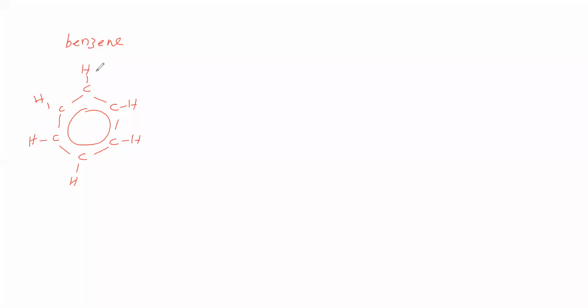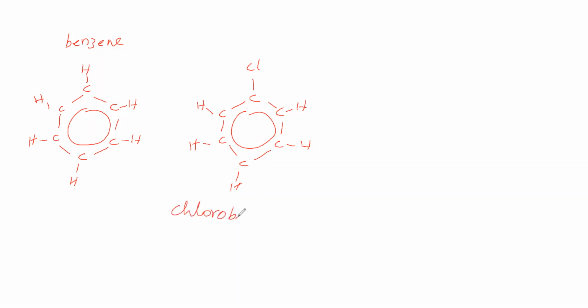Now let us replace one hydrogen by chlorine. Sir, one hydrogen is replaced by one chlorine. The rest we will write as it is. So the ring, the pi bonding ring, we have given. This is called chlorobenzene.